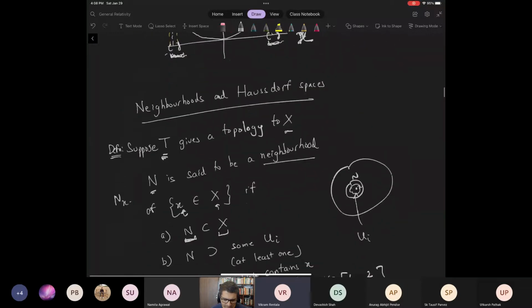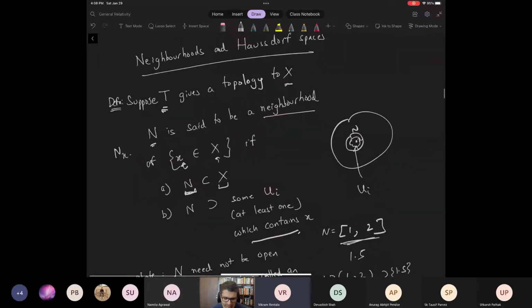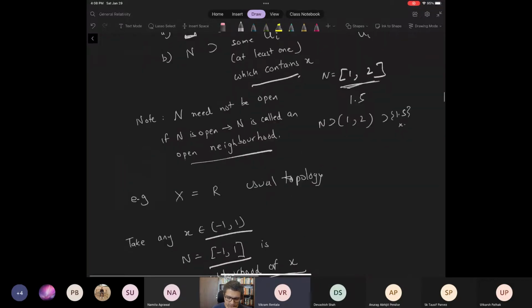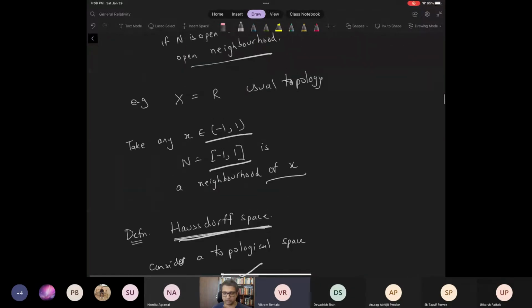And the last thing we did was we defined what are called neighborhoods, and what a Hausdorff space is. Roughly the idea was that you can take a neighborhood. A neighborhood doesn't have to be an open set or a union of open sets. It can also be closed, partially closed, and so on.